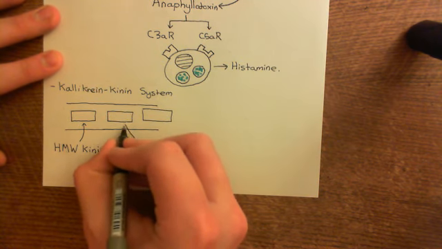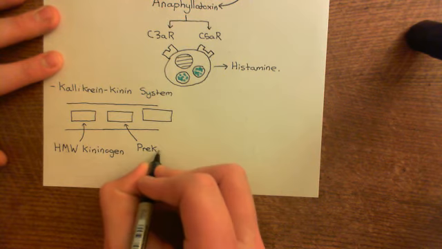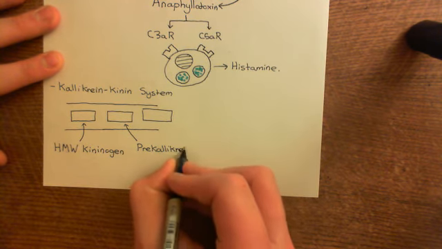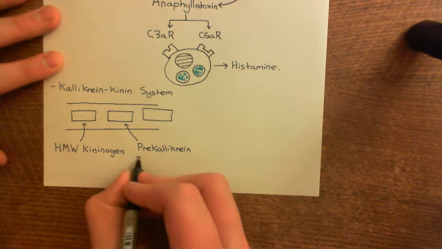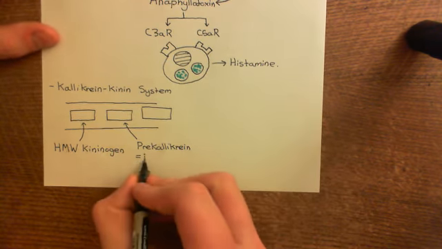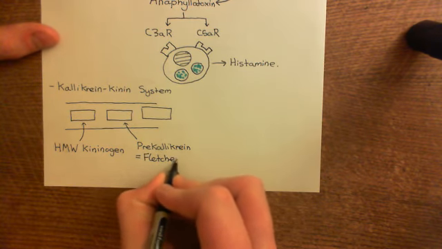Okay, the next one is a molecule known as prekallikrein. Okay, and prekallikrein is so important that it also has an old name. Okay, so it's also named after the person who presumably discovered it, and it's also named Fletcher factor.